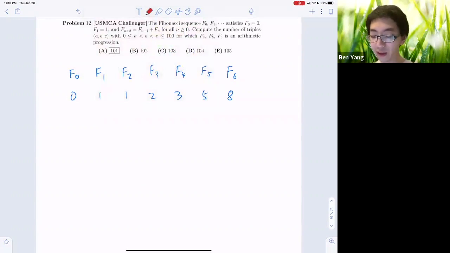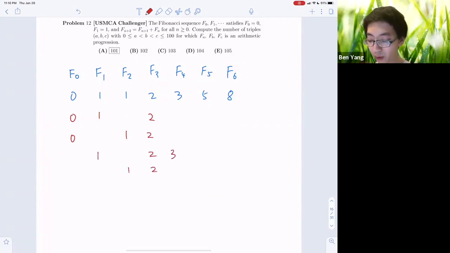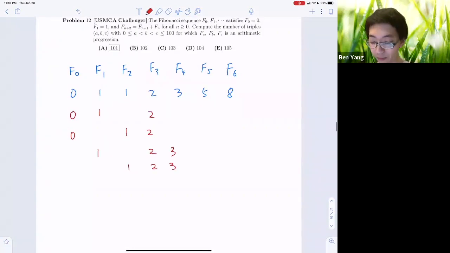So first of all, I see this 0, 1, 2. We have another 0, 1, 2 because there are just two ones. Also, we have two 1, 2, 3. Also, we have 1, 3, 5, two of them.